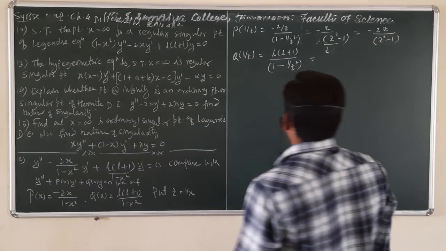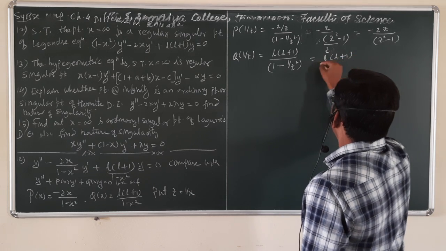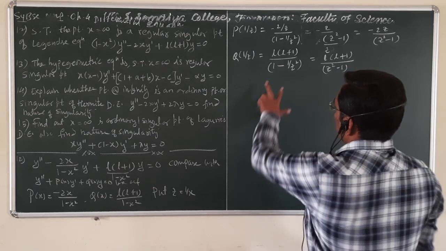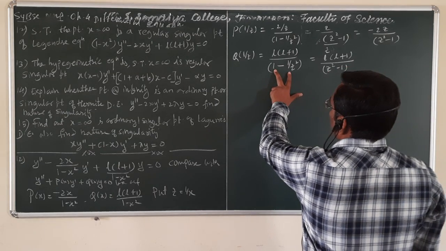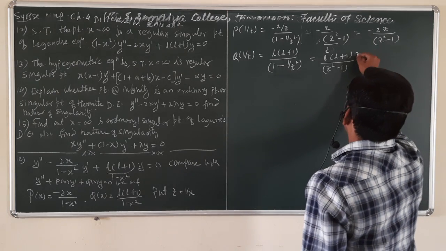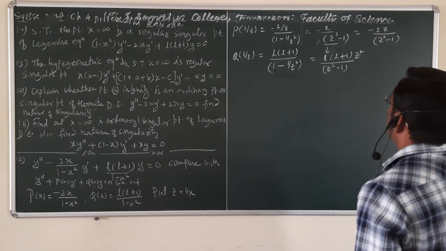So this is equal to l into (l plus 1) divided by (z squared minus 1) over z squared. If you do cross multiplication, the z squared will go to the numerator, so z squared. Okay.